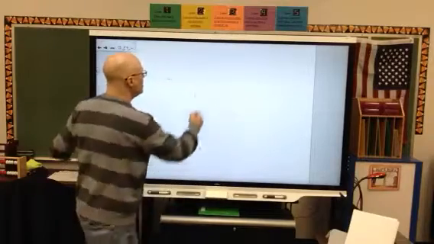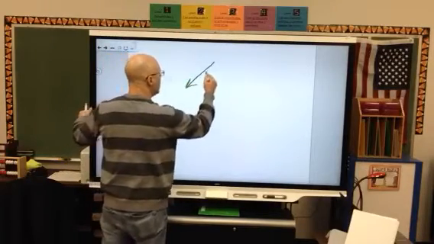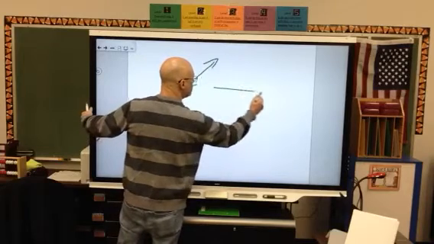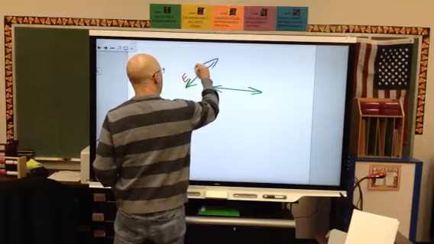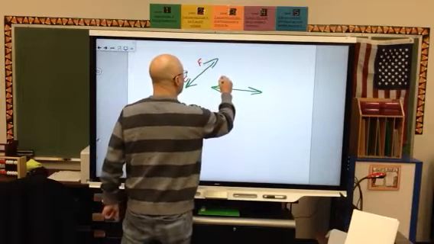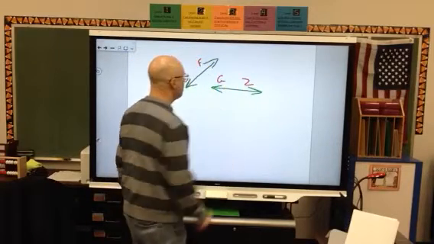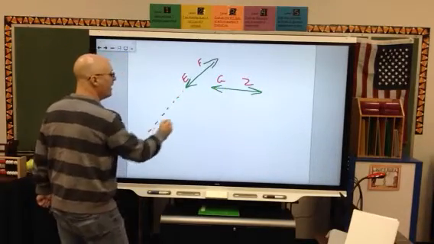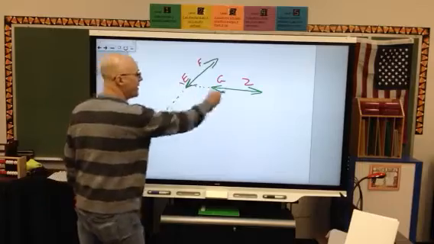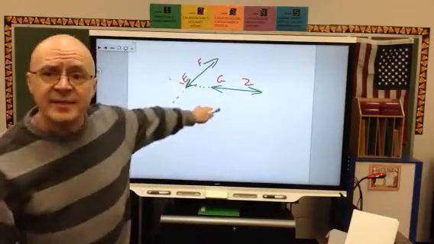Let's try this. If I drew this line here, and this line here, and I called this line EF, and I called this line GZ, right? If I continued this line off this way, and this one off this way, do you see how they cut into each other? See how they touch?